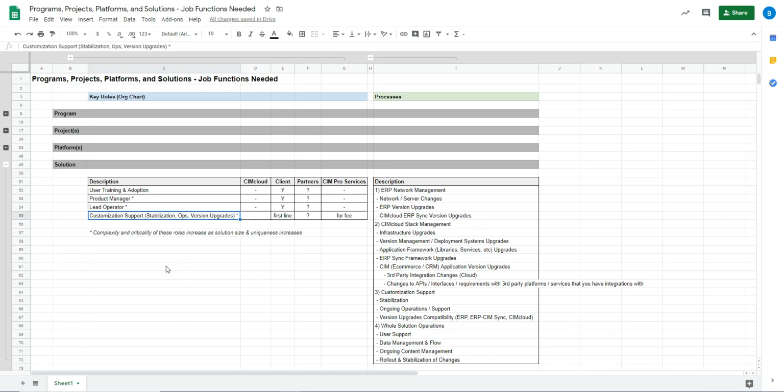They are basically pushing out new versions of the software, and it's up to you to make sure that it conforms and works with your customizations, work with the solution.